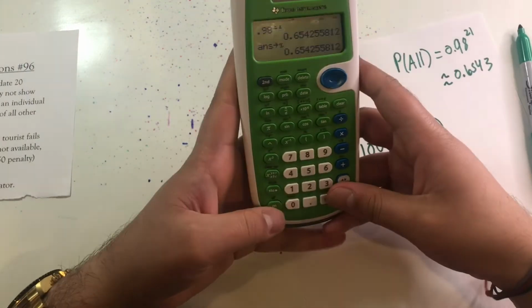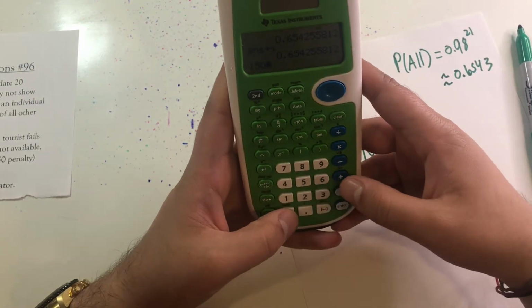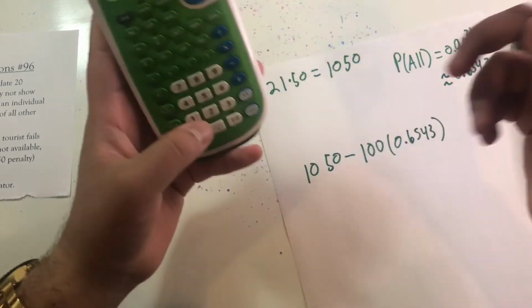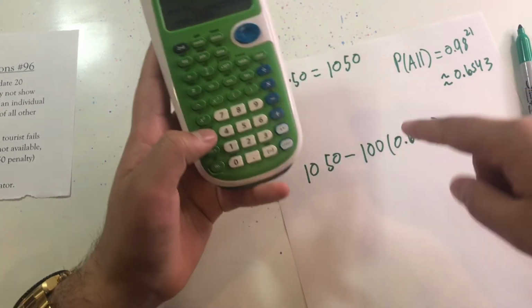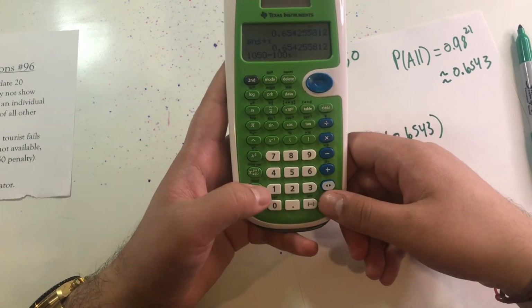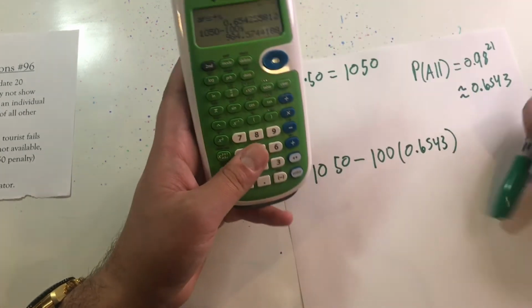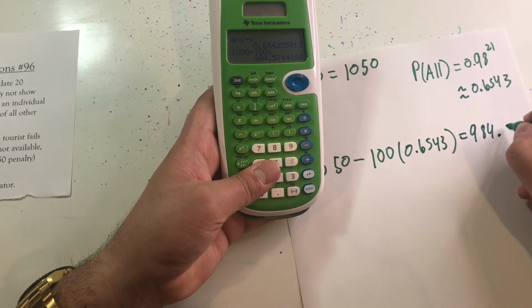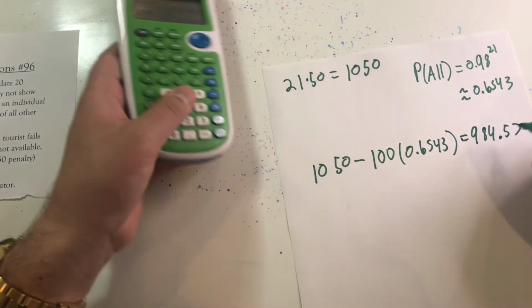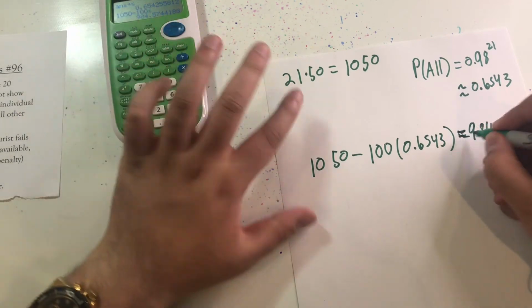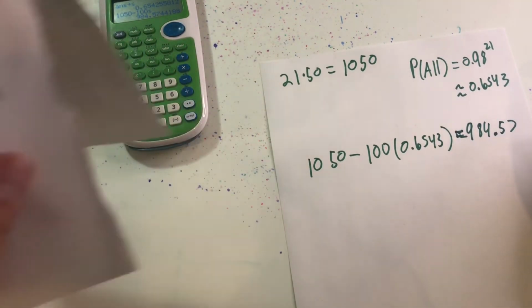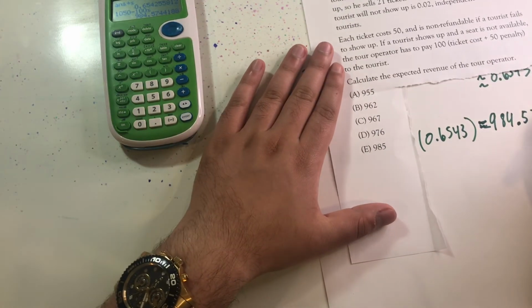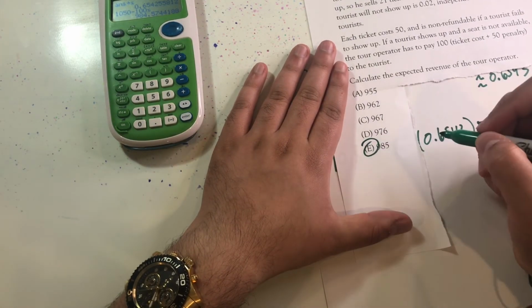All right, so doing 1050 minus 100 times this number, which I stored as X, I get 984.57 approximately, which rounds to 985, and it's choice E.